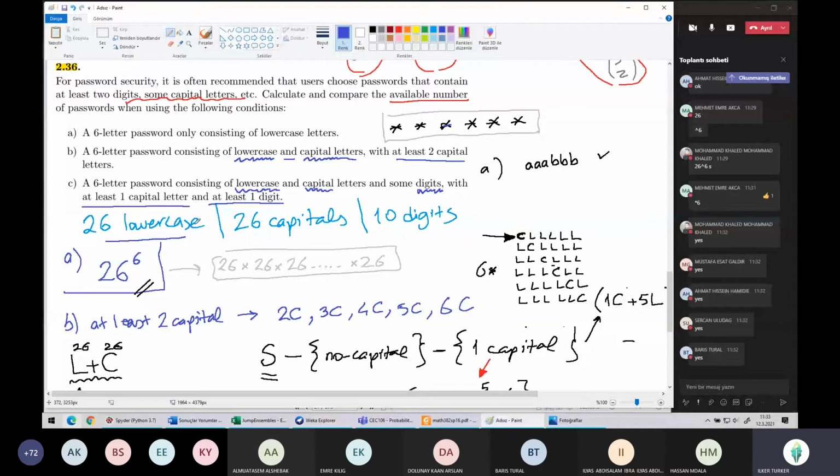First, our sample space consists of 62 different characters. A 6-letter password, each character can take 62 values in our sample space. At least one capital, at least one digit.